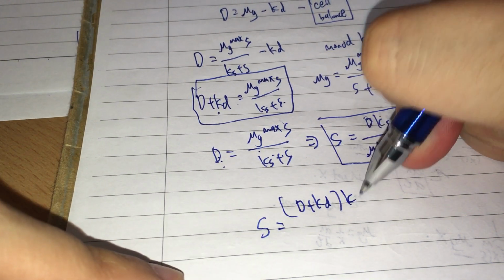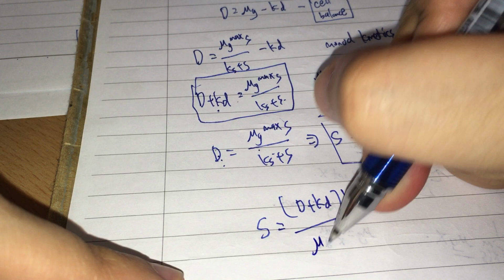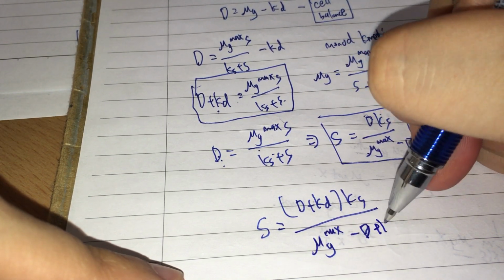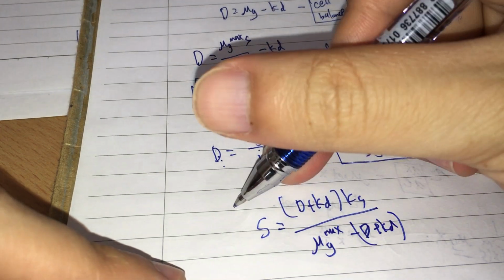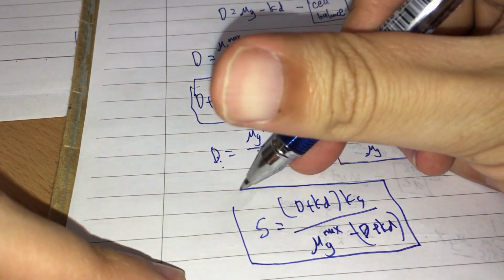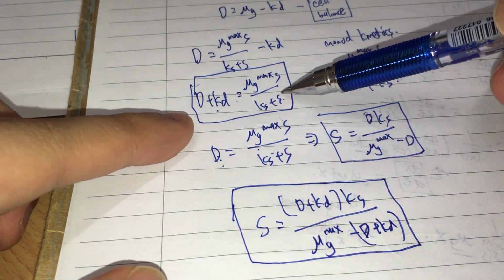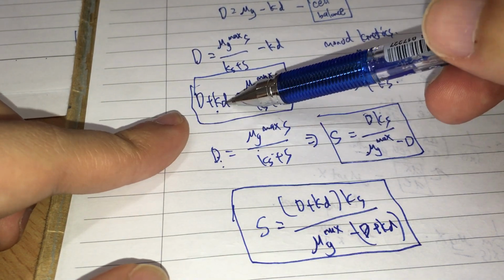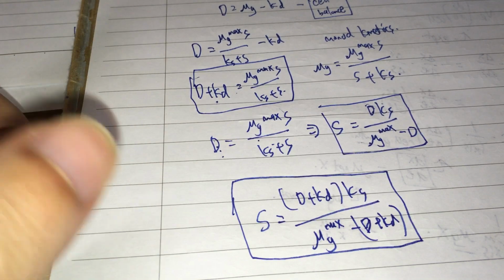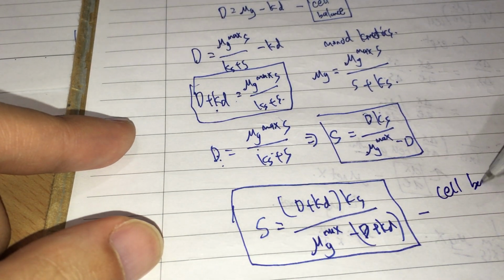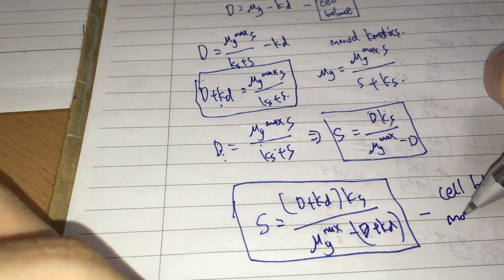So let's just do that. D plus KD. Okay. And that will basically skip you quite a few steps, instead of making S the subject from here and then having to do the whole thing again manually. So this is from our cell balance and Monod kinetics.